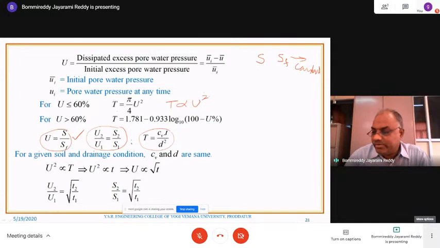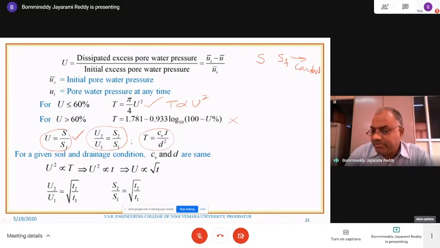If the degree of consolidation is less than 60%, time factor is pi by 4 U square. If the degree of consolidation is more than 60%, time factor is this other formula. Don't remember this one, but you have to remember the formula for computation of time factor for a degree of consolidation less than 60%. So T is proportional to U square, or otherwise U square is proportional to T.